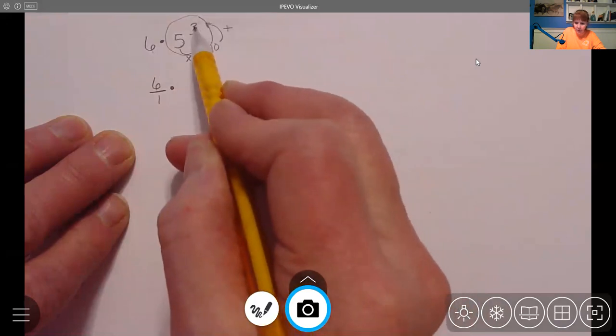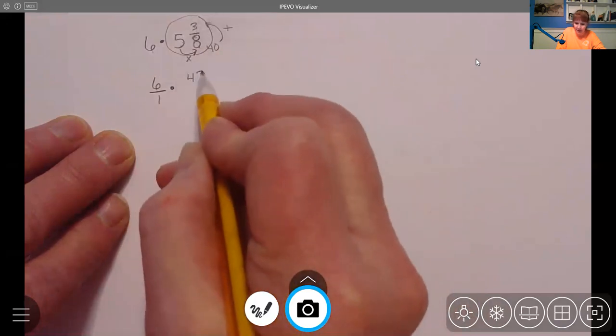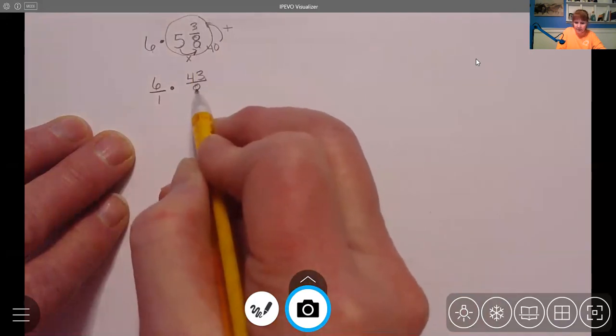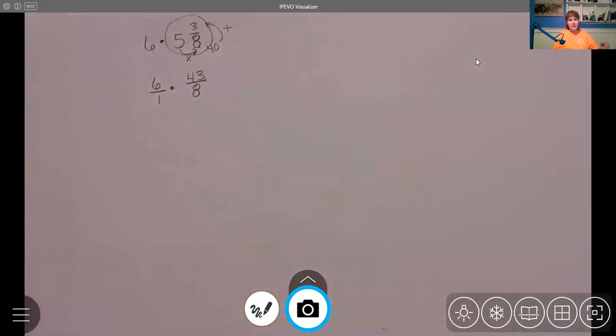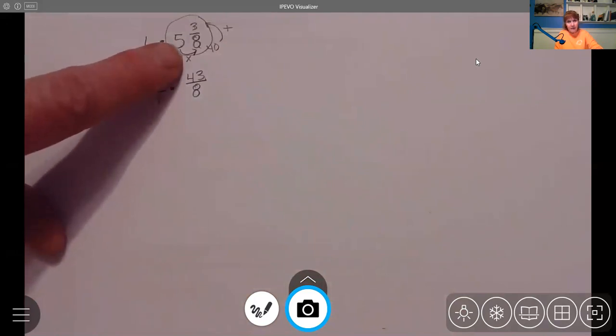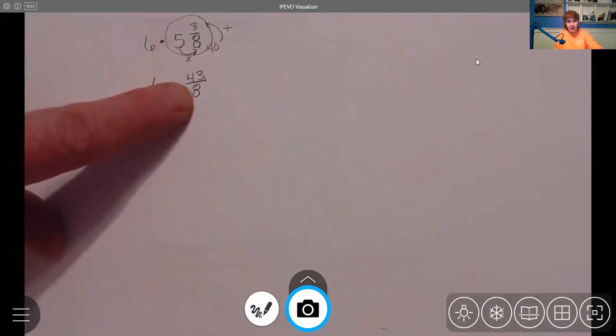That gives us 43, and you always put it over that same denominator. Sometimes people forget that. They might put it over the 5, or they put it over 1. Sometimes they don't even include the 8, but you do have to include the 8. So again, we put our integer over 1 and we changed our mixed number to fraction notation.